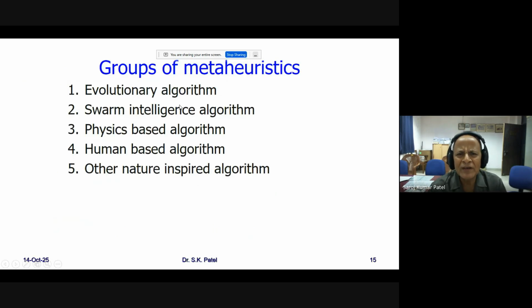Now, these non-traditional methods are also called meta-heuristics, and these are broadly classified into five categories: evolutionary algorithm, swarm intelligence algorithm, physics-based algorithm, human-based algorithm, and the rest.